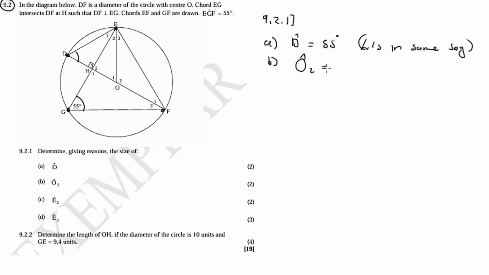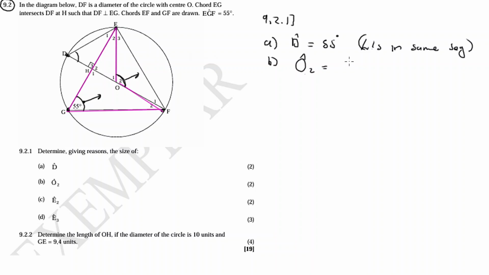Then B, O2. They want us to find the size of O2. There's this structure for theorem number 2 between O2 and the 55. Can you see that? This is an angle at center facing this way, and the 55 is also facing in the same direction.